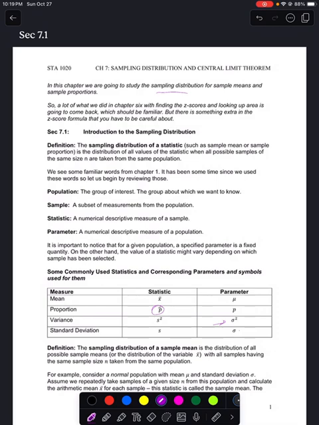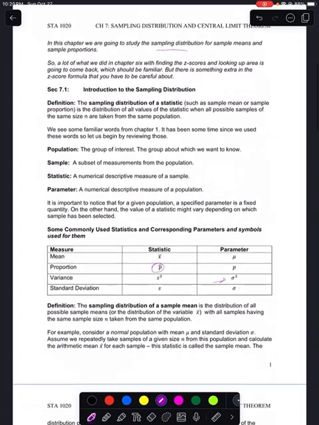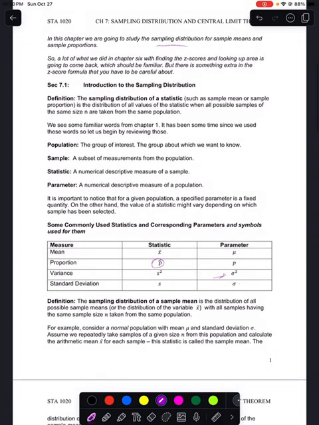For example, consider a normal population with mean mu and standard deviation sigma. Assume we repeatedly take samples of a given size from this population and calculate the arithmetic mean x bar for each sample. Then this statistic is called the sample mean, the same thing as I explained a little while ago.